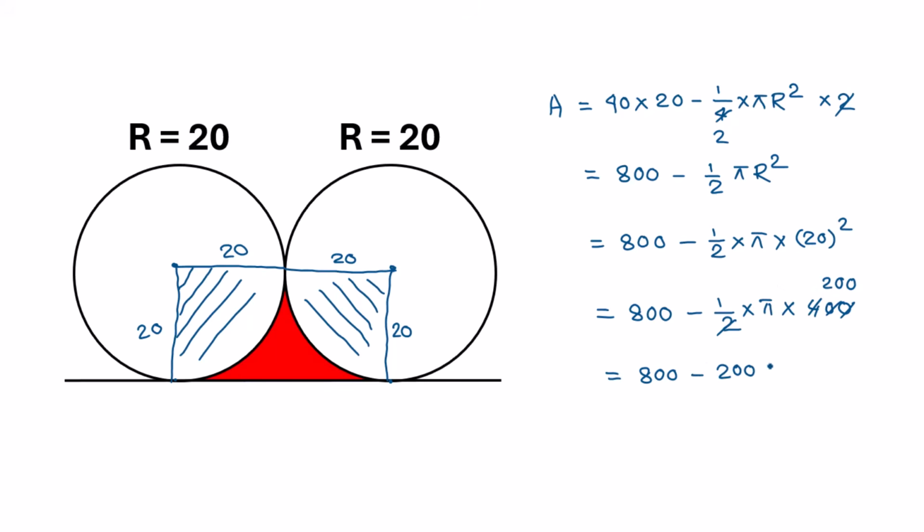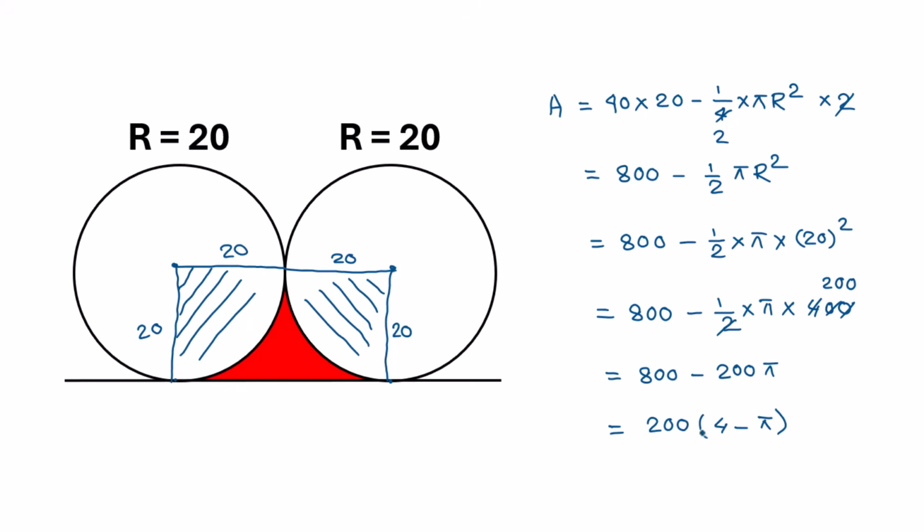200 times pi. Now taking 200 common, we can write 200 times 800 divided by 200, this is 4, minus pi.